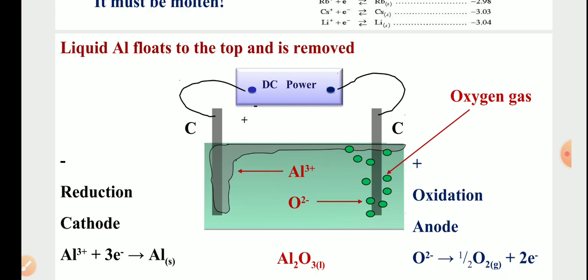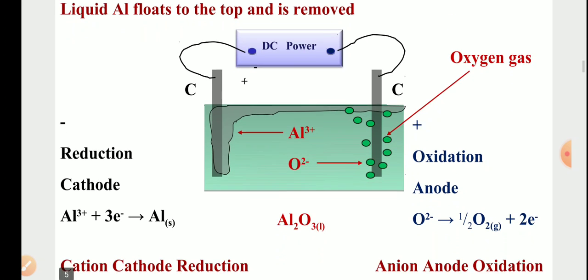So here Al3+ will go to the cathode, accept 3 electrons and be deposited on the cathode as Al. So aluminium will be deposited on the cathode, and at the anode the oxide ion will lose 2 electrons, and then it will form oxygen.